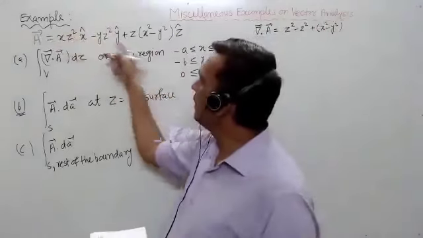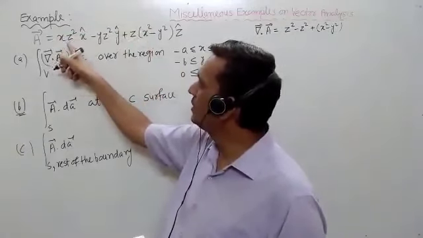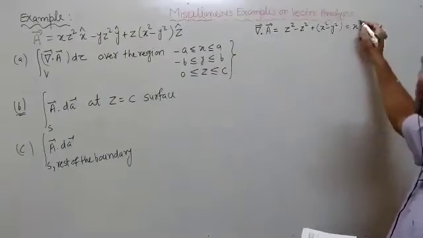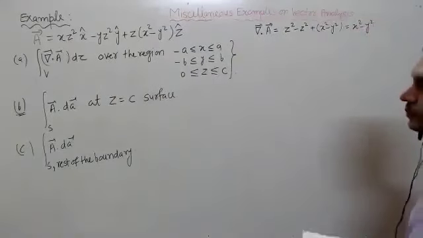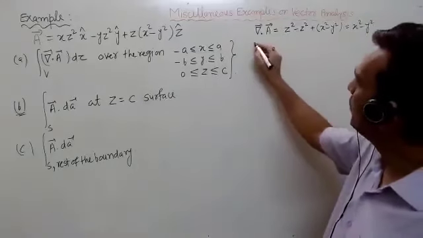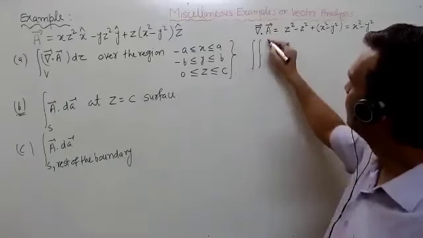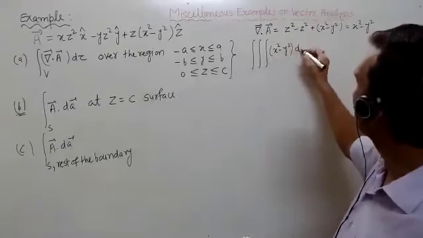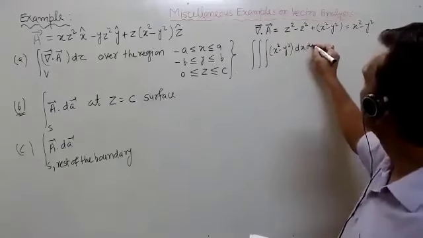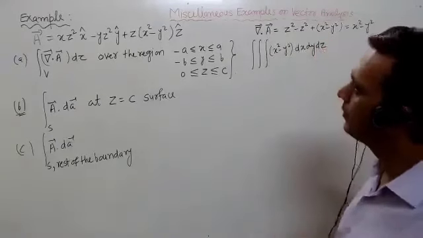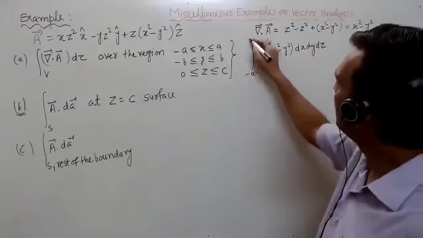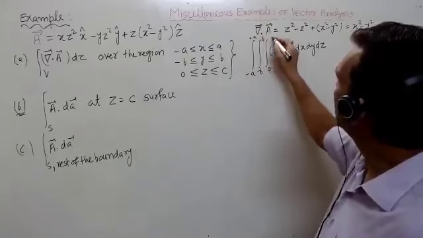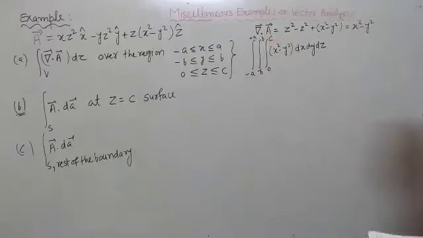This is Ax, Ay, Az. So differentiate with respect to x, z square; y, minus z square; with respect to z. So this is simply x square minus y square. So what will be the volume integral? The volume integral will give you x square minus y square, dx dy dz. x varies from minus a to plus a, y from minus b to b, and z will be 0 to c.